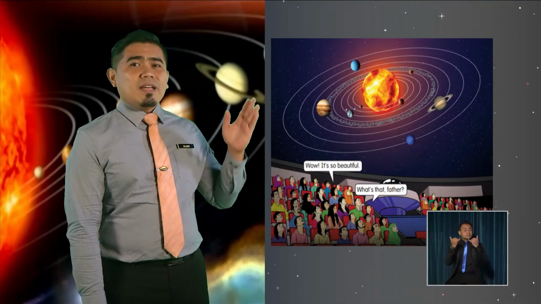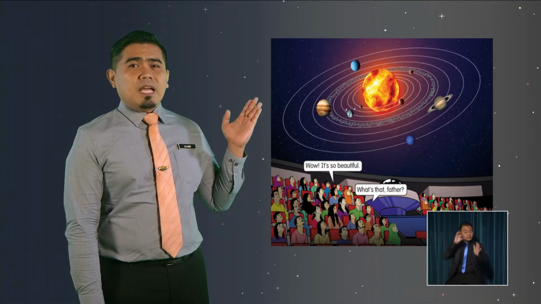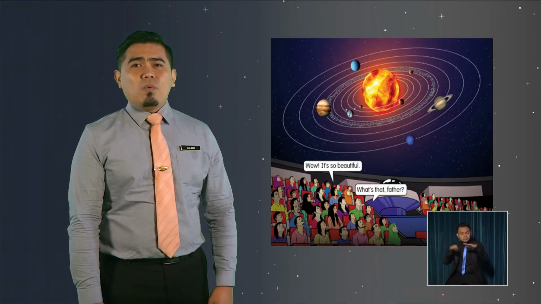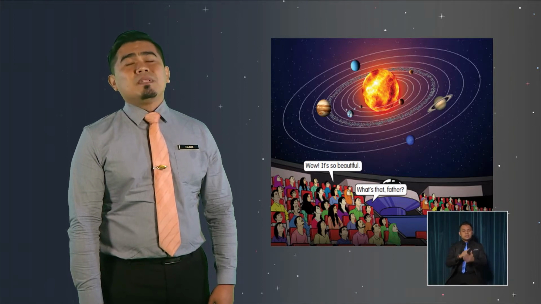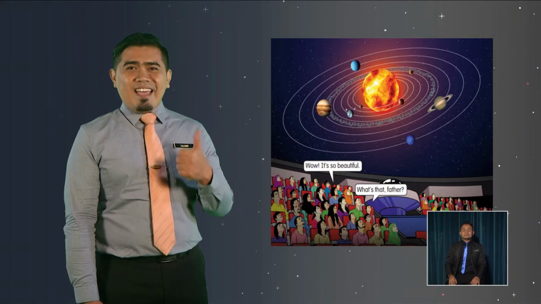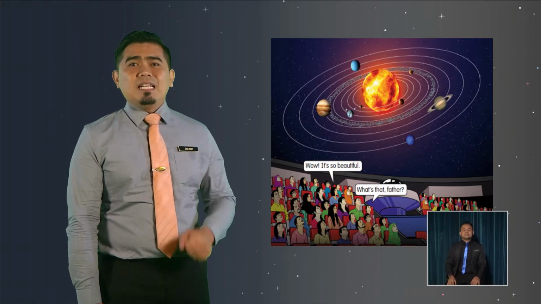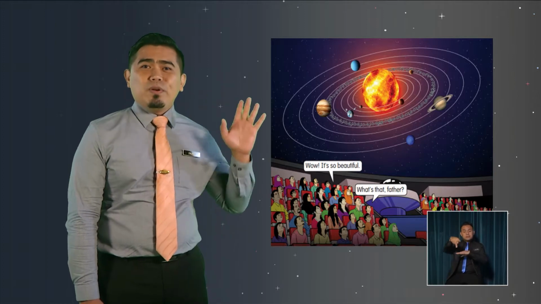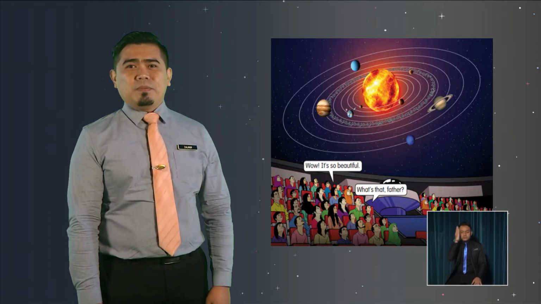Now, look at this picture. Can you see the people at the bottom of the picture? Why are they looking up? Can you guess? Yes, they are in the Planetarium Space Theater. It's so beautiful and colorful.